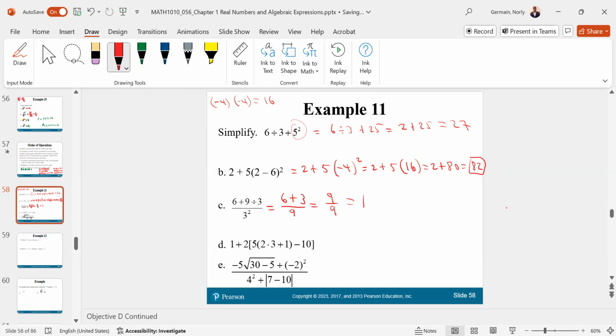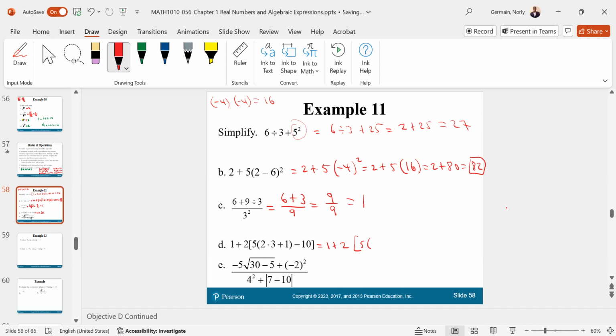Okay. Let's look at this one. D as in dog. We know the 1 stays. And after the 1, we have a 2, but we need to deal with the inside of the parenthesis first. What the inside says, we have a 5 times.